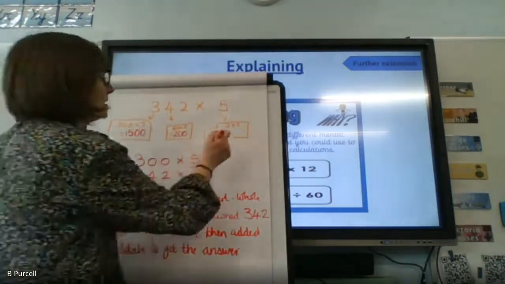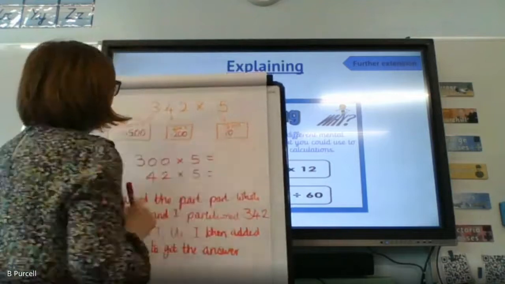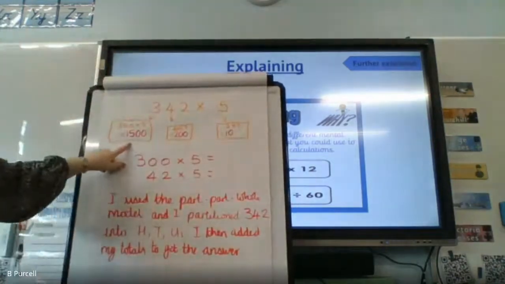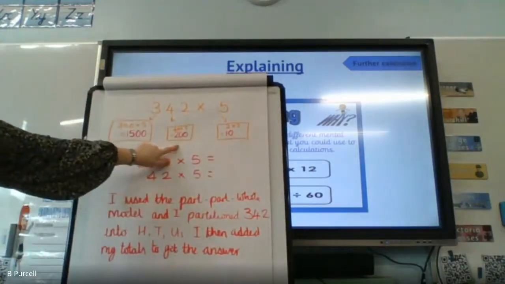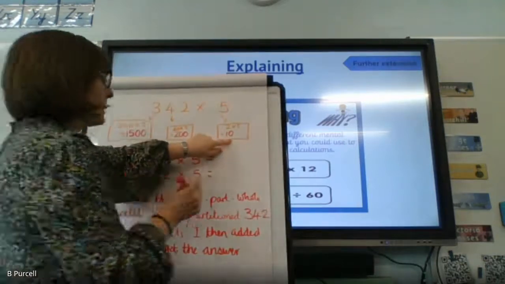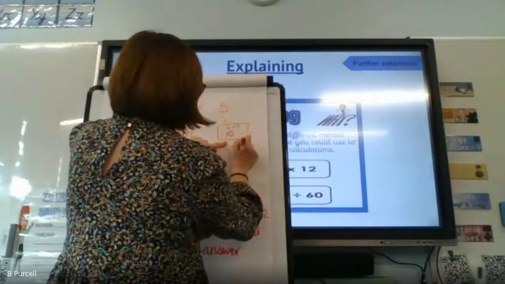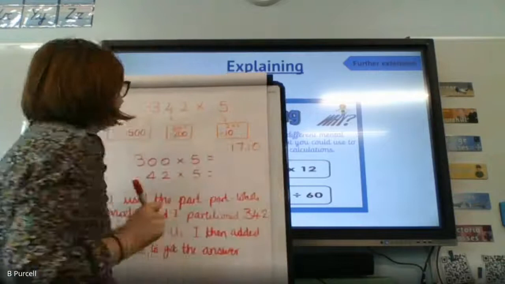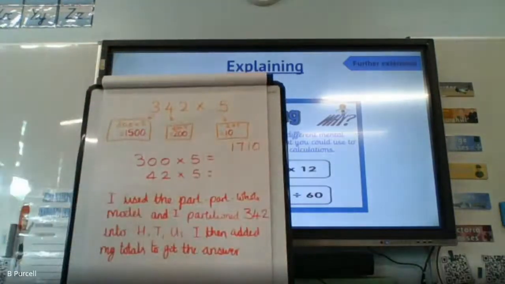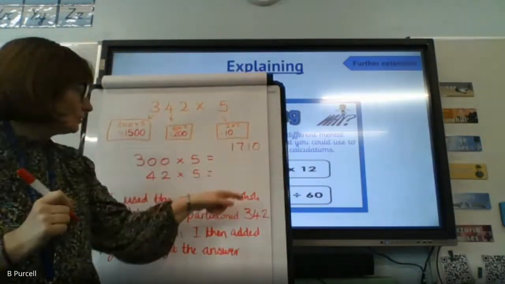And 2 times 5 is 10. So I've got 1,500 add 200, which is 1,700 add 10, which gives me an answer of 1,710. So that's how you can do it that way.